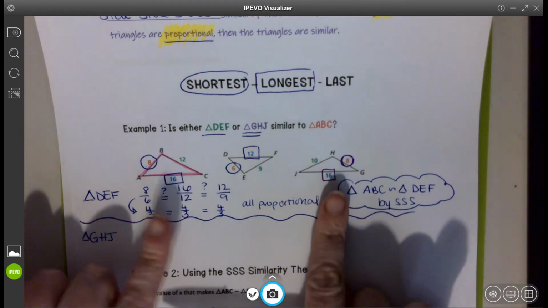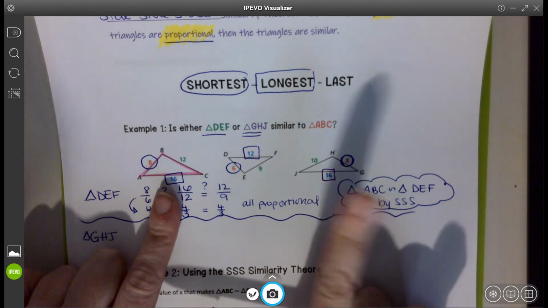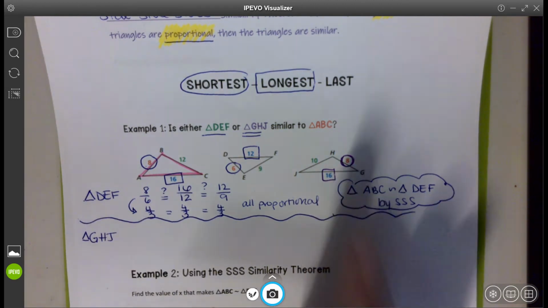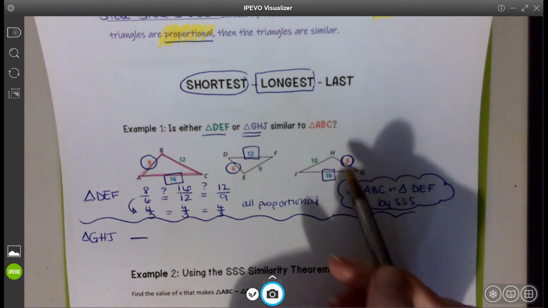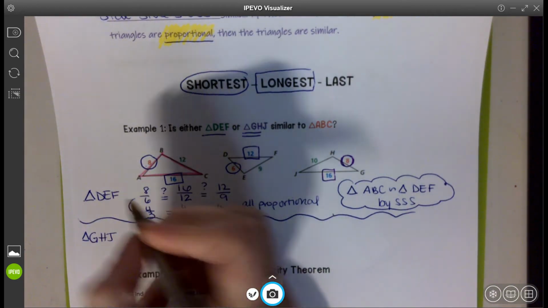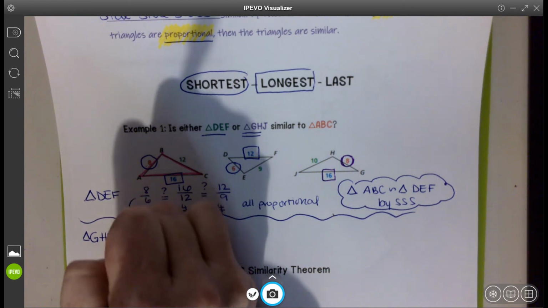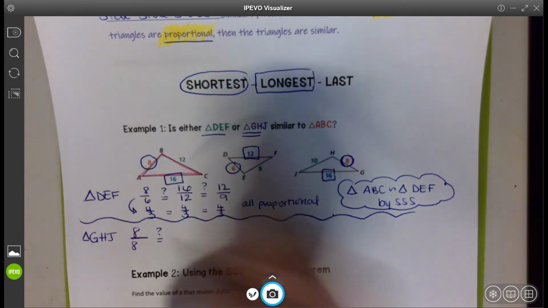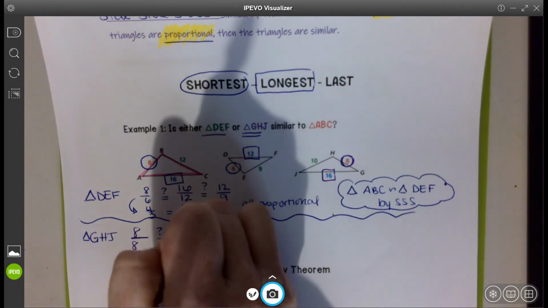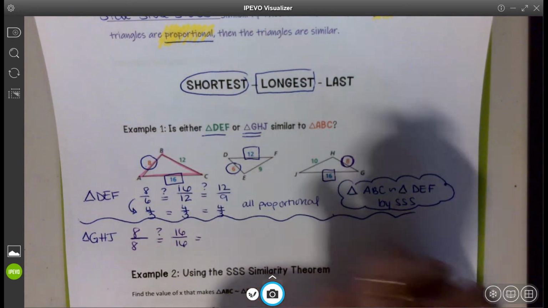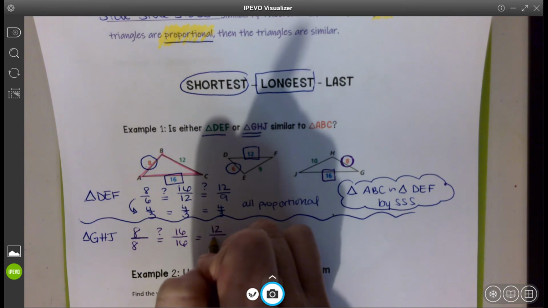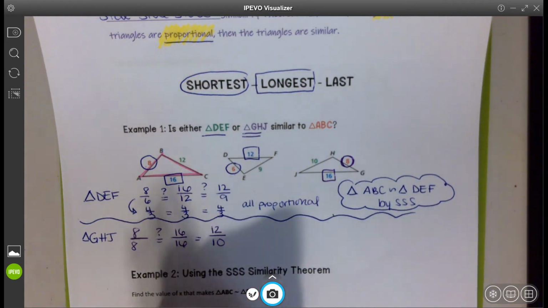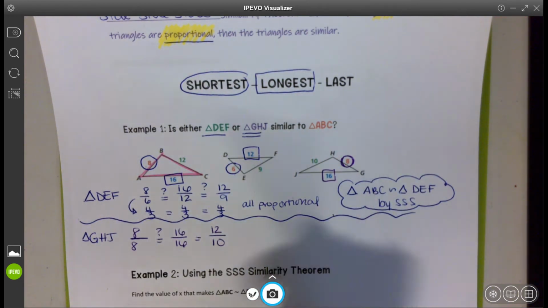So now I'm going to compare ABC to GHJ. To make this ratio, it's going to be 8/8. Is that equal to 16/16 and 12/10? Again, I have triangle ABC on the top for this.